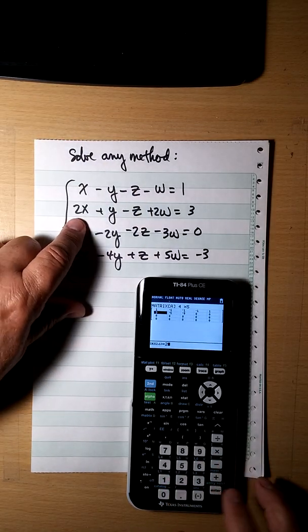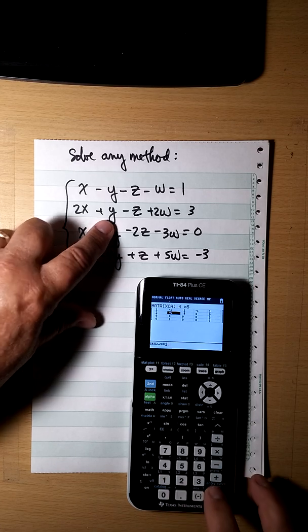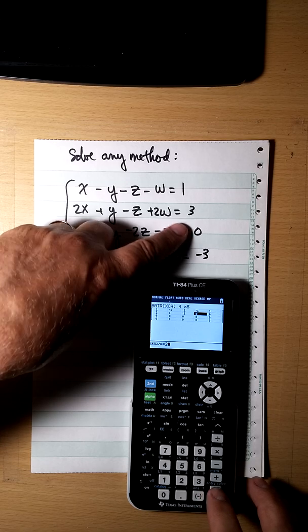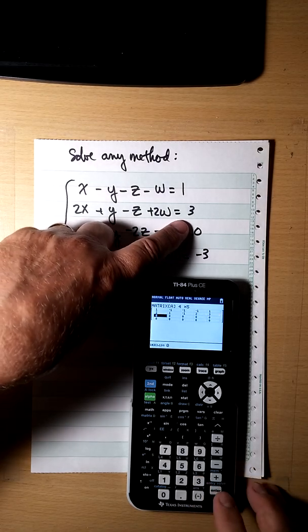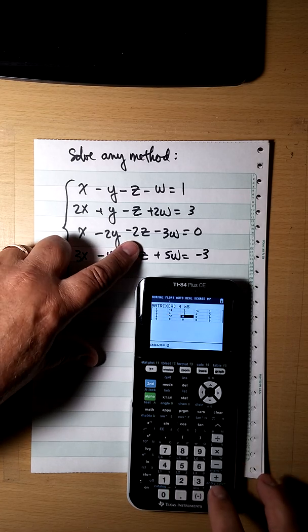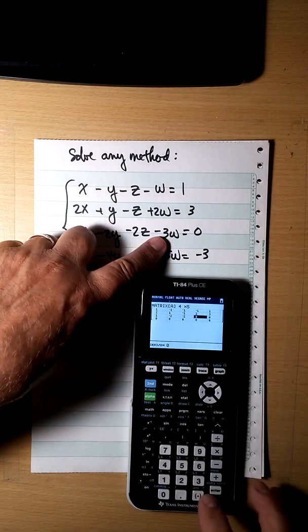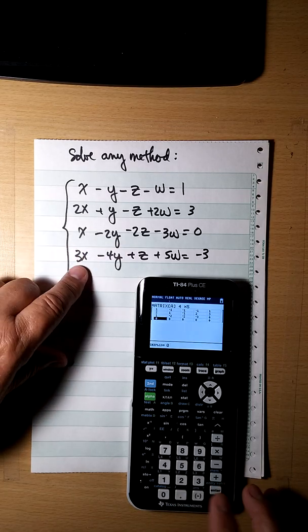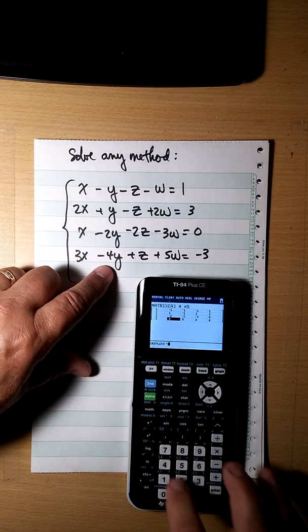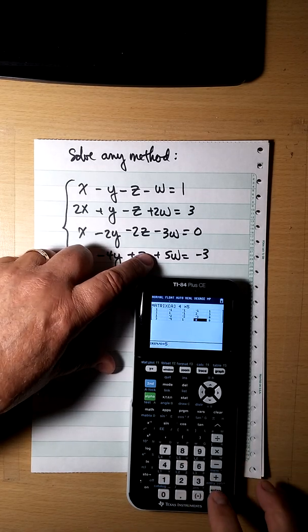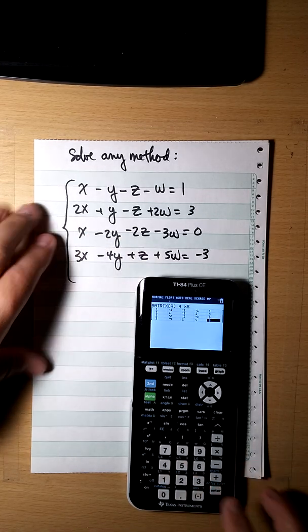2 for the next row, 1, negative 1, 2, and 3. 1, negative 2, negative 2, negative 3, 0, and 3, negative 4, 1, 5, negative 3.